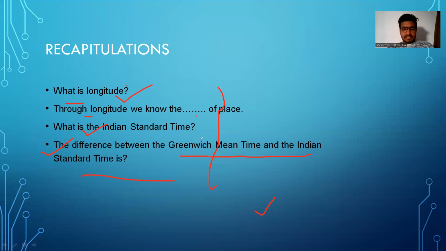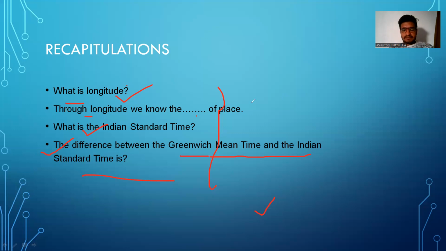Okay students, so now we can say that Greenwich Mean Time was established by the Royal Observatory in 1675 with the aim of assisting navigators at sea. But the Indian Standard Time was established as the official time zone of India upon its independence on 15 August 1947.